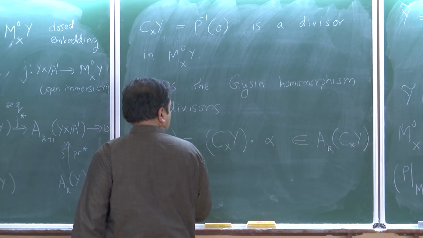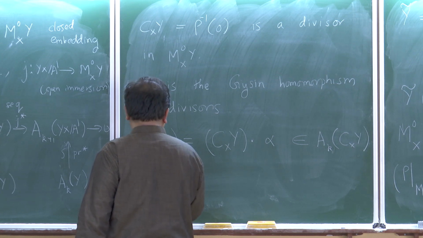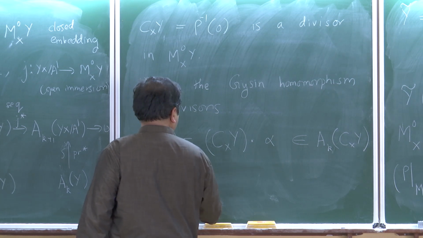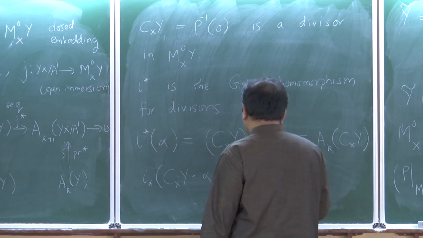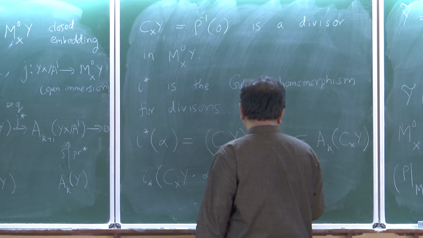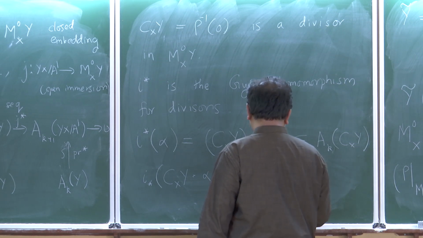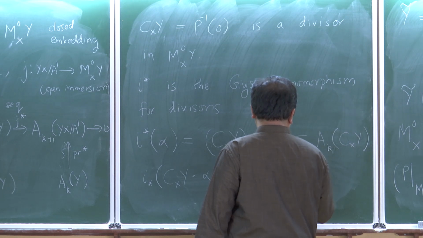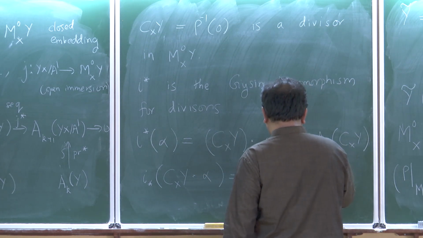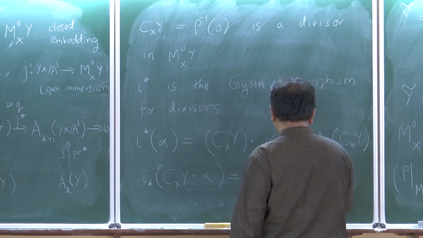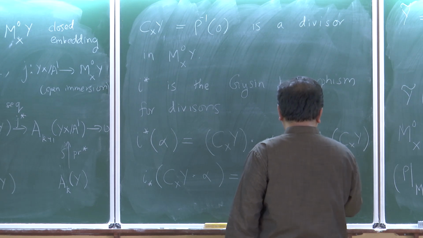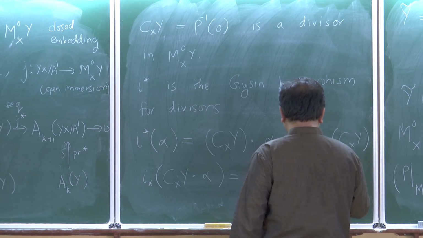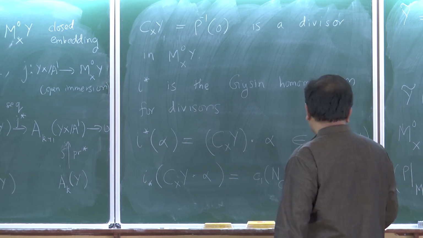If I push this forward again, i lower star of C_XY dot alpha is the same as taking the Chern class of the normal bundle of C_XY in M_0 XY, and cupping alpha with this.